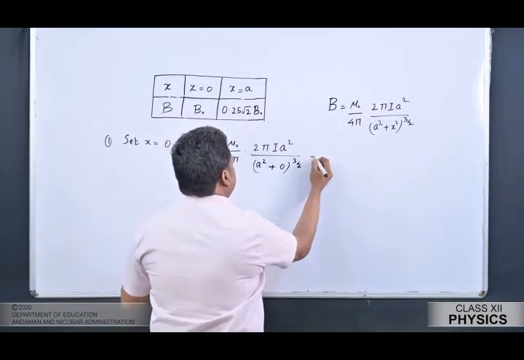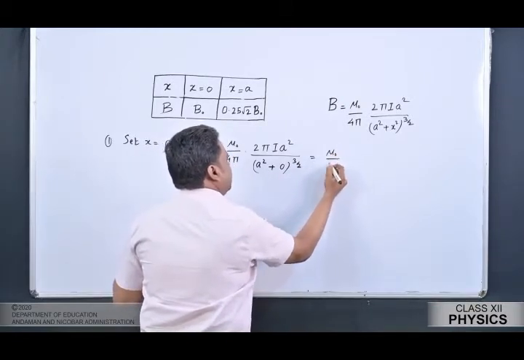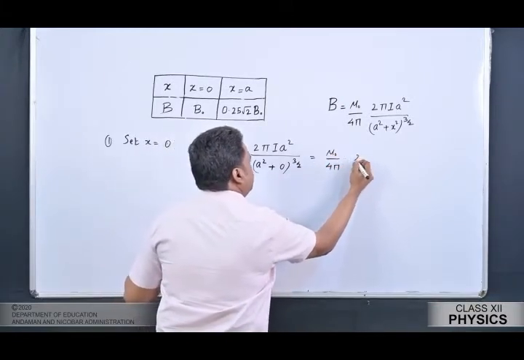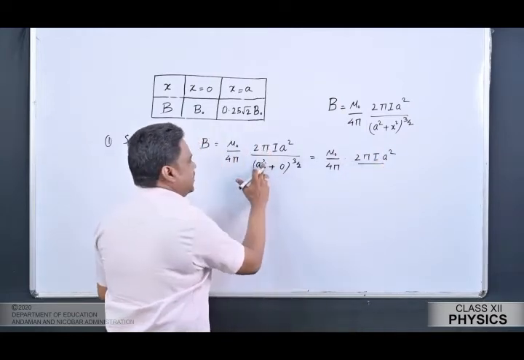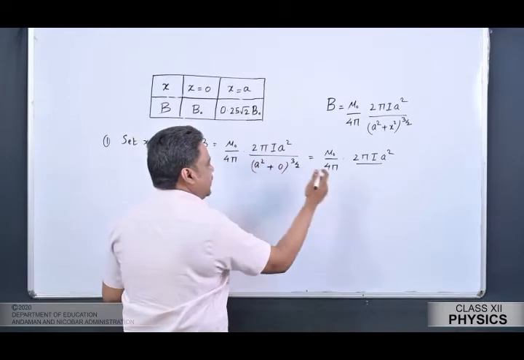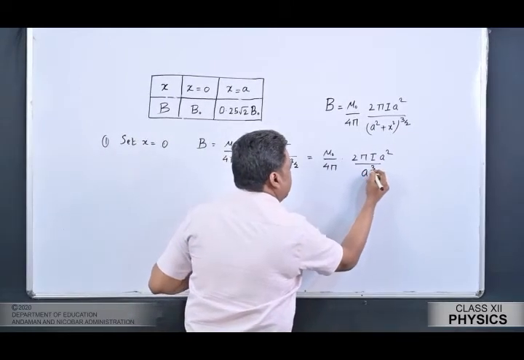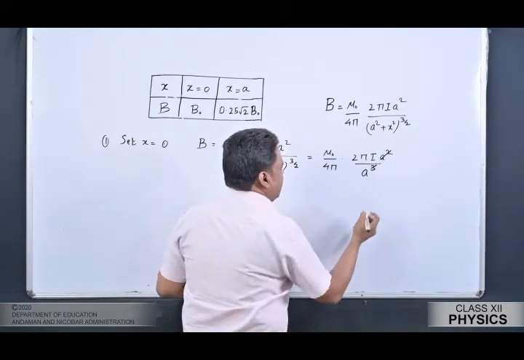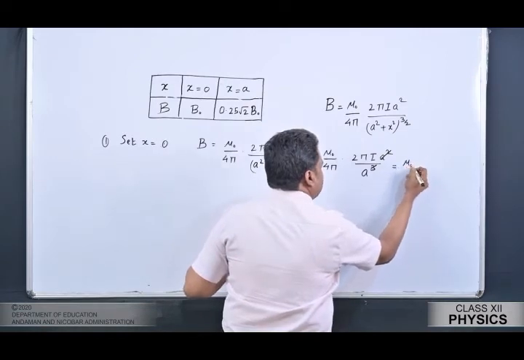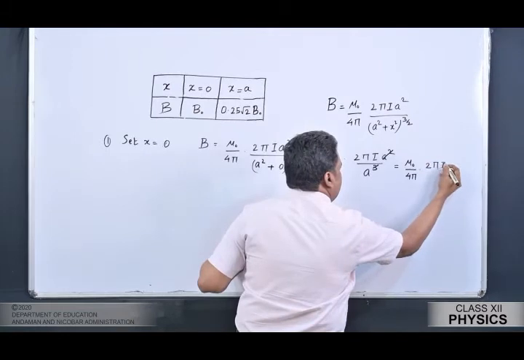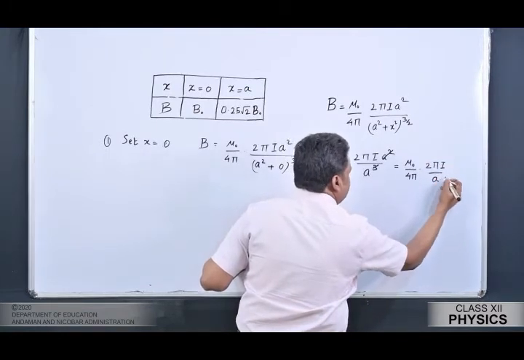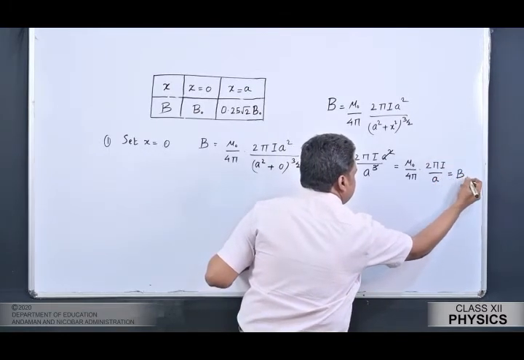So it is mu naught by 4 pi, 2 pi I A square by A square to the power 3 by 2. 2 cancels off, you get A cube, and this is going to cancel. So the final reduced form is mu naught by 4 pi, 2 pi I by A, and they are saying it to be taken as B naught.